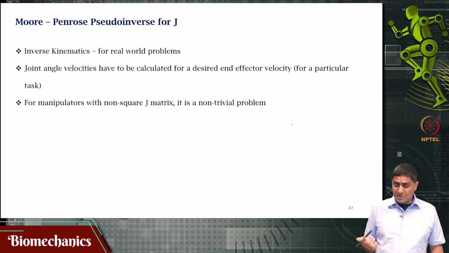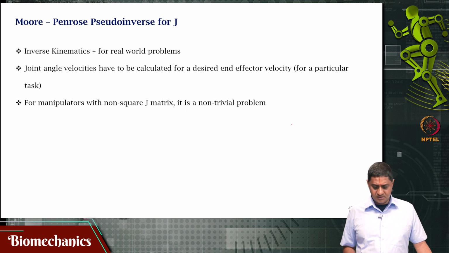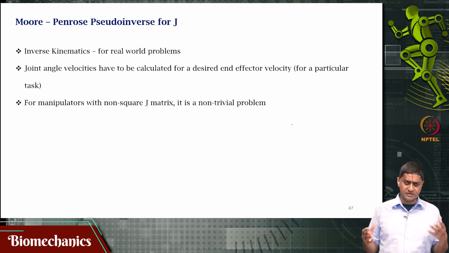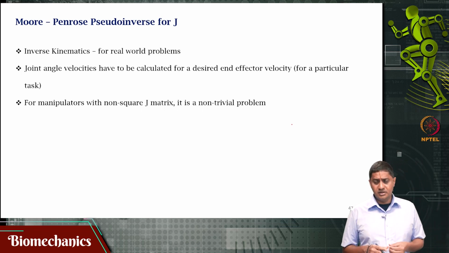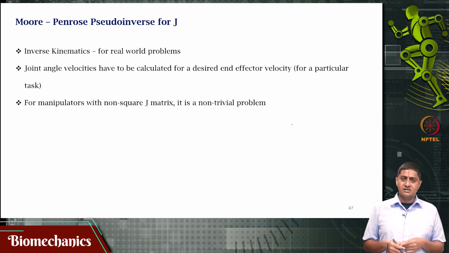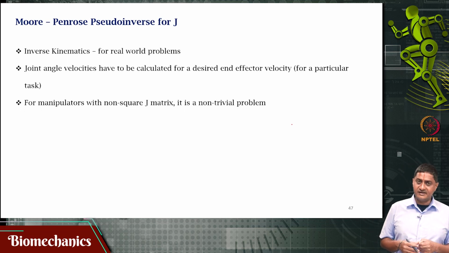But I am still interested in finding the joint angle velocities, given a known end effector velocity for a particular task, for a particular configuration. I know the configuration, and I am interested in finding joint angle velocities given this end effector velocity. Can I find this?